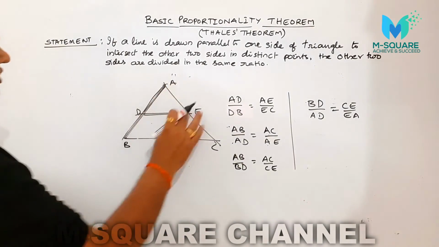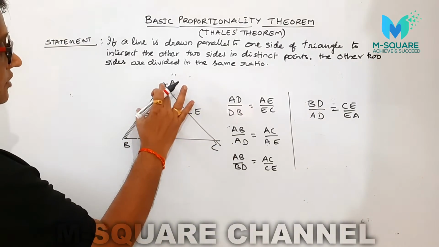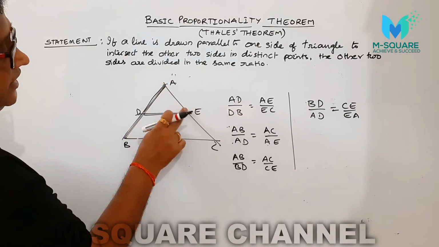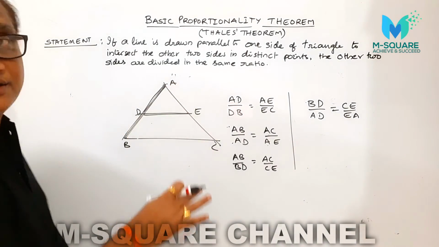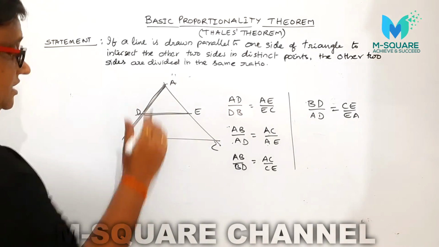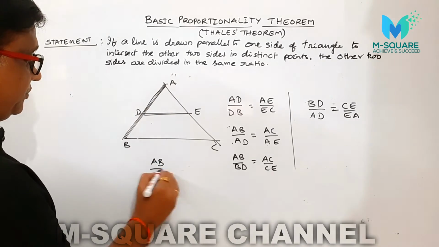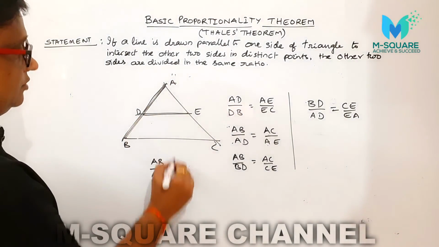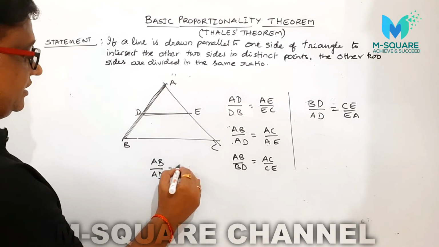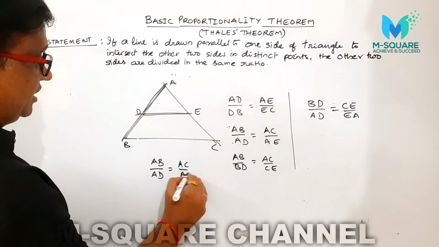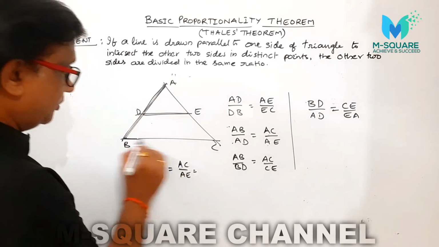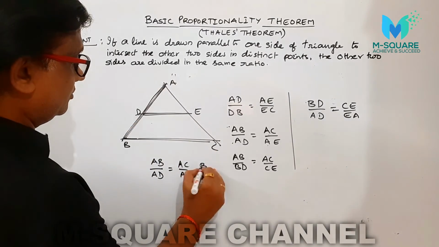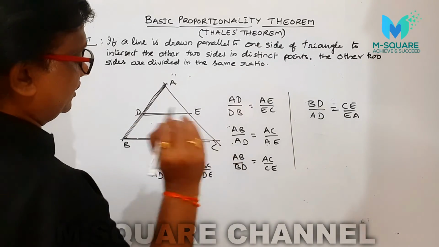If you start with the small triangle to big triangle, start with AD by AB, AE by AC. So like this also we can take it. Next, AB by AD equal to AC by AE. One more thing: BC by DE also.